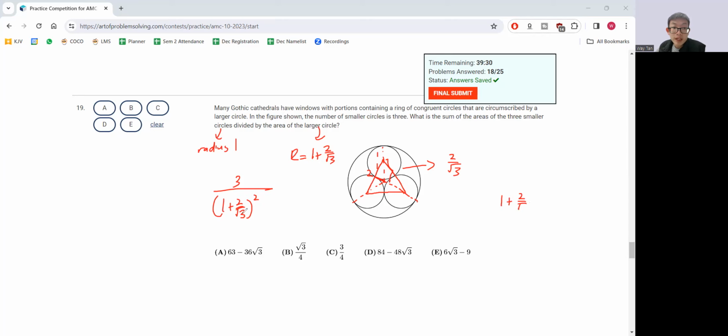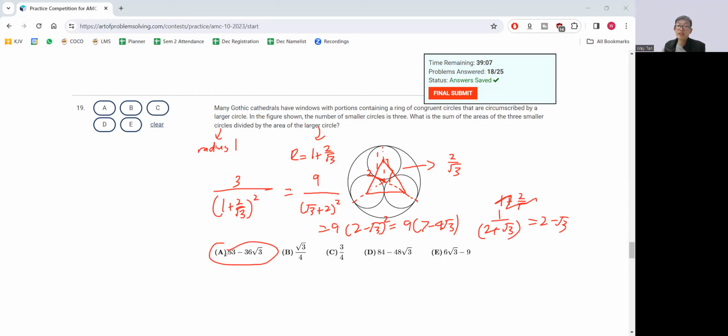Maybe I can multiply root 3 squared to the top and bottom, which means 9 over root 3 plus 2 squared. I think that's nicer. So 2 plus root 3, but 1 over 2 plus root 3 is 2 minus root 3. So this is just 9 times 2 minus root 3 squared, which is 7 minus 4 root 3. Okay, so that is clearly option A. That's better than I was expecting.